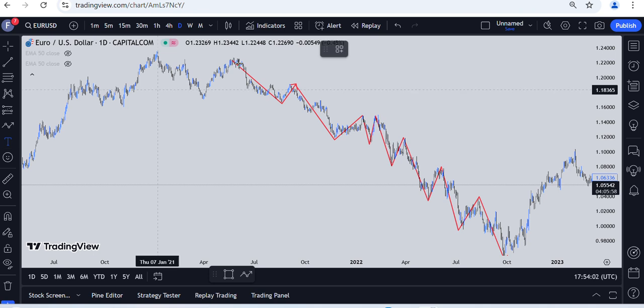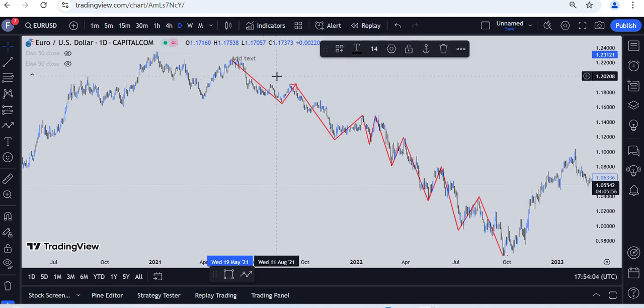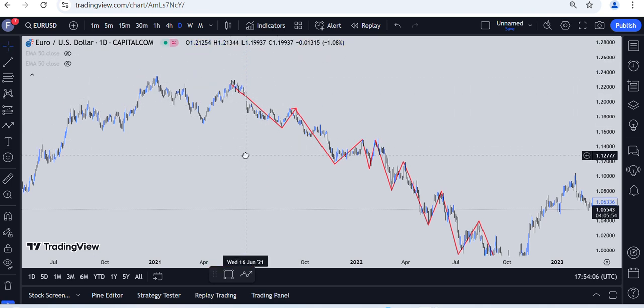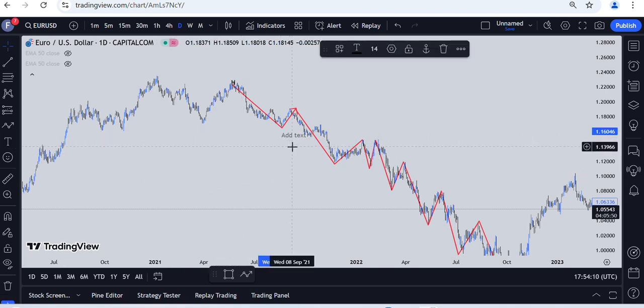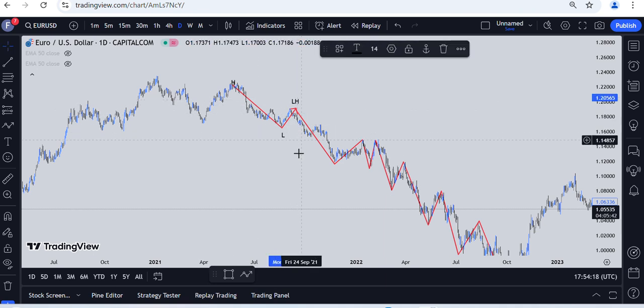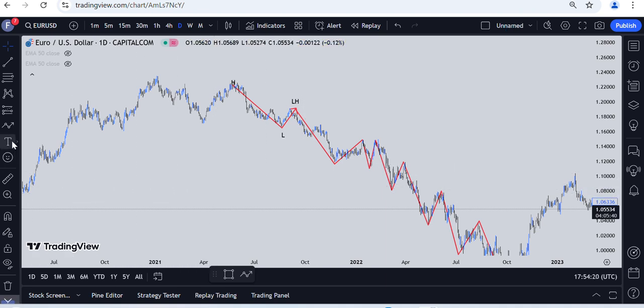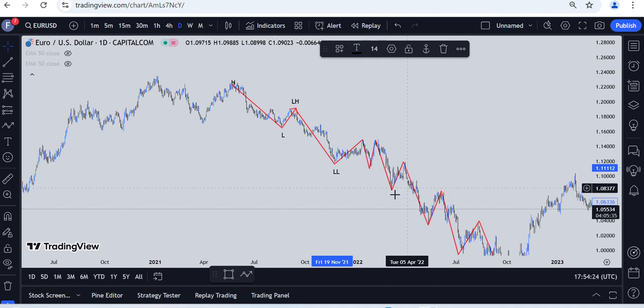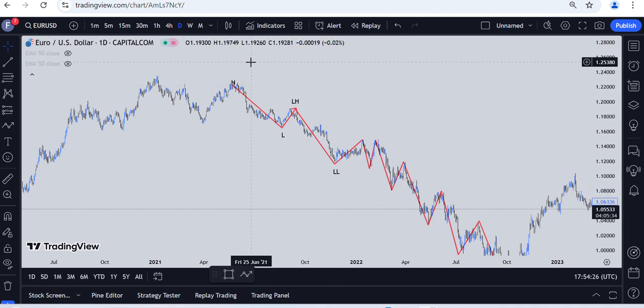Let me label it with H so I don't have to type too much. This is a high. This is a low, L. The next high will now be called what? A lower high, LH. And then this one will now be called LL, a lower low. Okay? So this is how you label it all the way down.